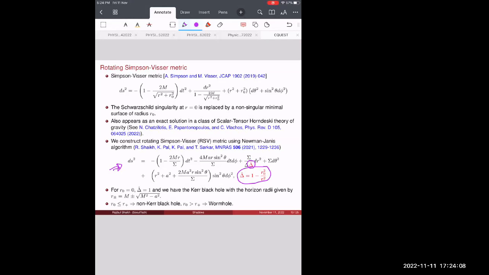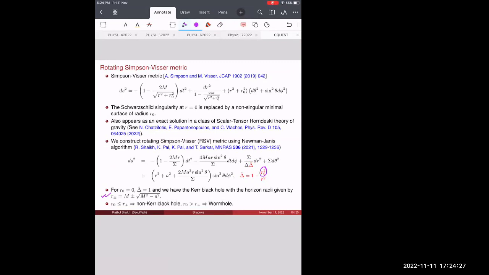Now, this space-time also has a horizon, and its horizon is given by delta equal to 0, and this is it. Now, we have this minimal surface R0, and we have two horizons, r plus and r minus.